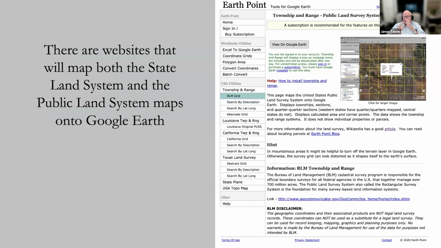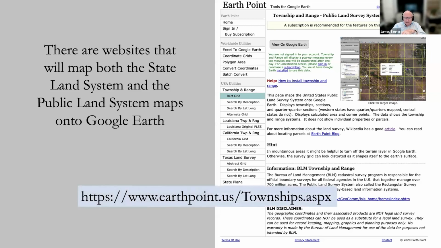So there's no particular reason to do that, except from the standpoint of doing research, you can tell that this might have a tremendous impact on your research, because as you define exactly where the property was, you can also define who the neighbors were. And if you're having trouble finding information about that person, once you have that deed and that description, you may be able to find the information you need from his or her neighbors.